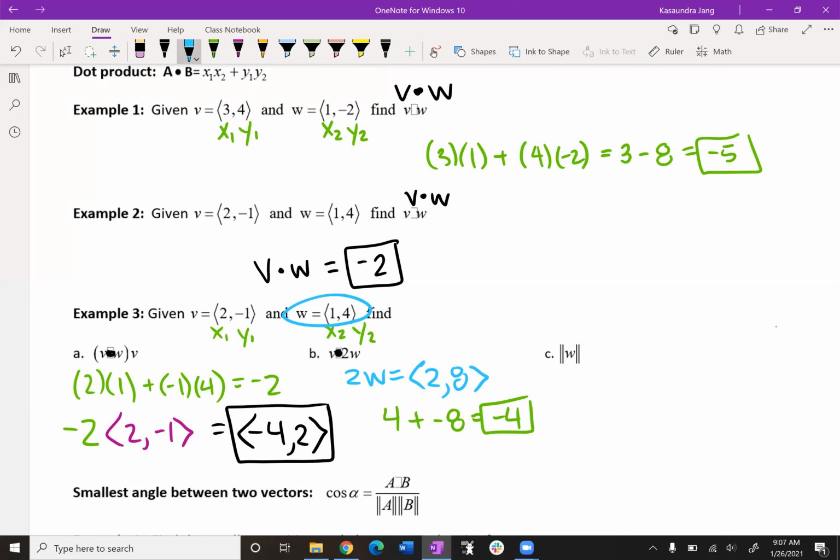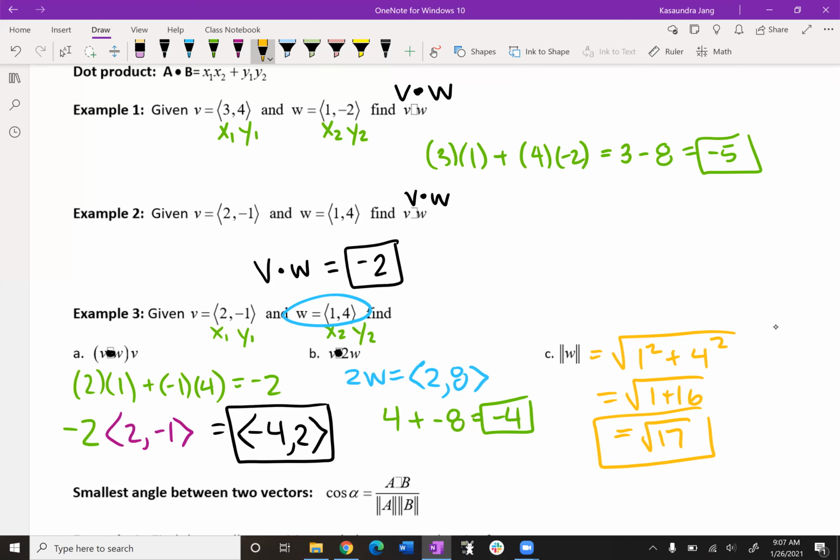So for that, I'm going to do my little magnitude formula. This was for just the W, right? Just the one that had blue. So I'm just going to do the 1 squared and the 4 squared. So 1 plus 16, so the square root of 17. There we go.